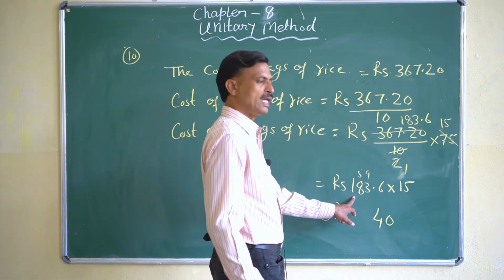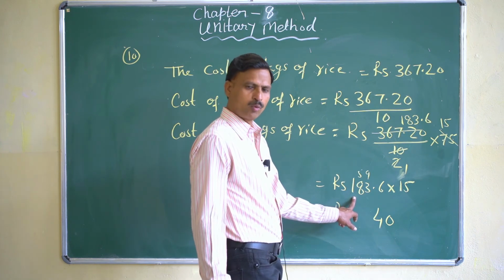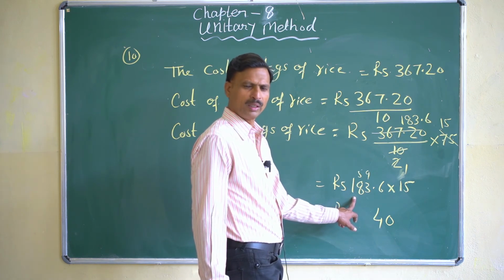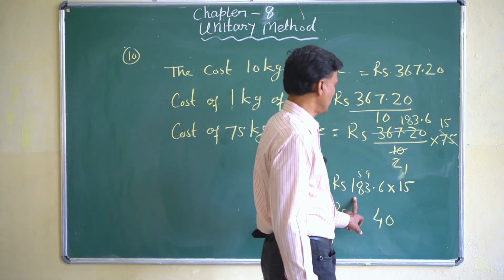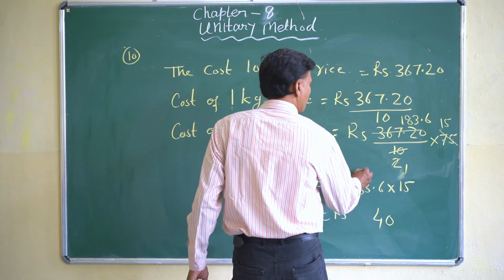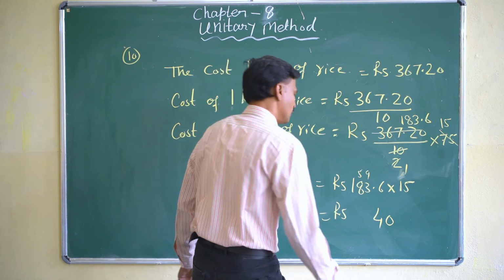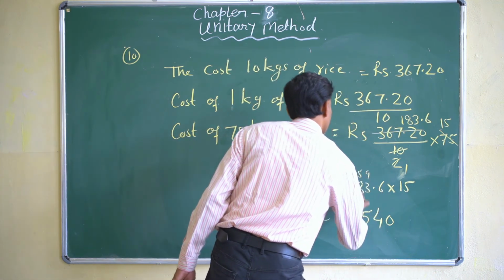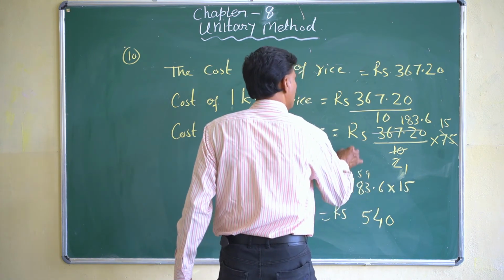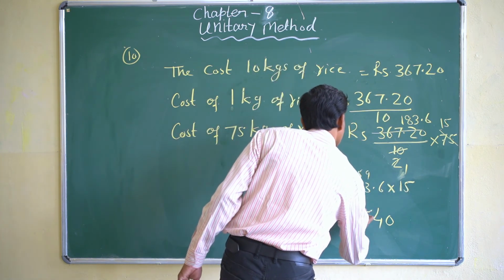Then 15 eights are 120, plus 5 is there, so 125. Then it will be 12. Then 15 plus 12, that is 27.